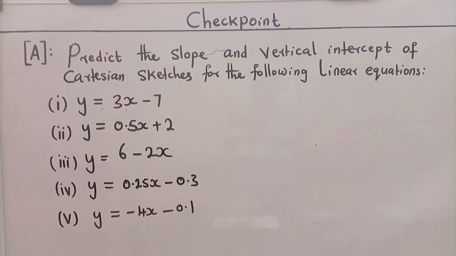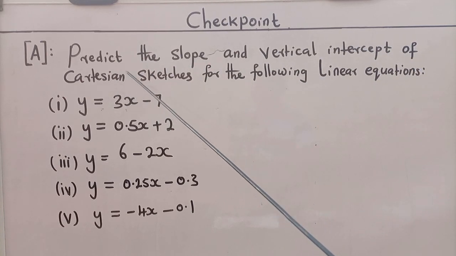And now, checkpoint. It says, predict the slope and vertical intercept of Cartesian sketches for the following linear equations. I believe you know what this is all about. I mean, did you understand the instruction?